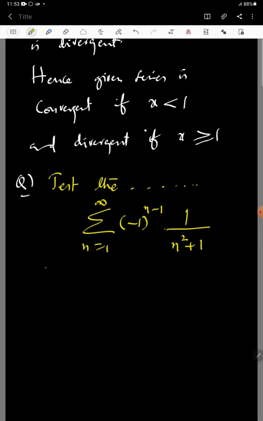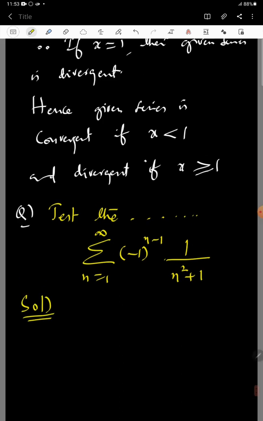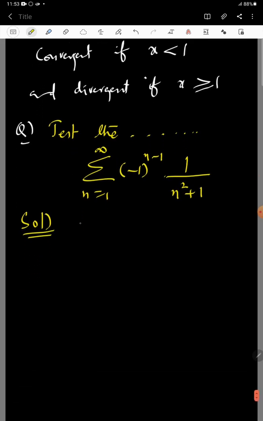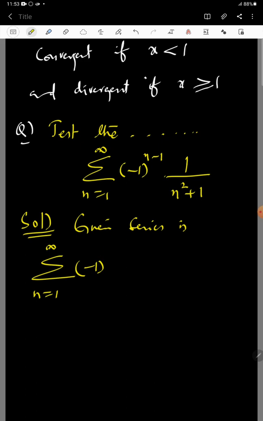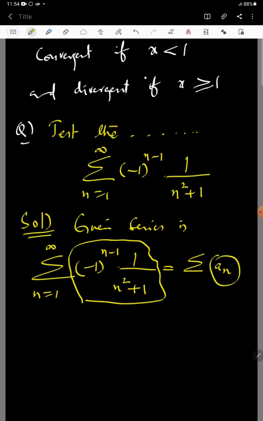Back to the point. Now the given series is sigma n equal to 1 to infinity, minus 1 to the power of n minus 1, into 1 by n square plus 1. I call this complete as sigma an. Means I call this complete as just an.